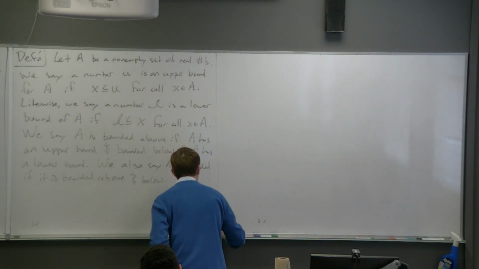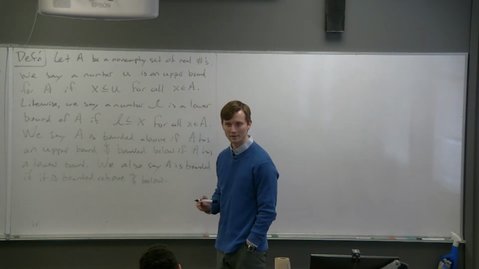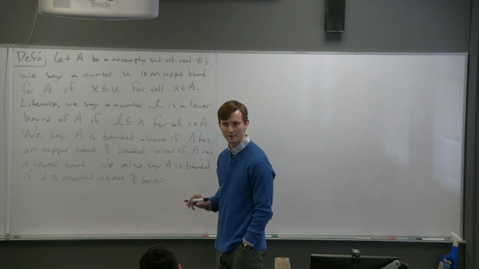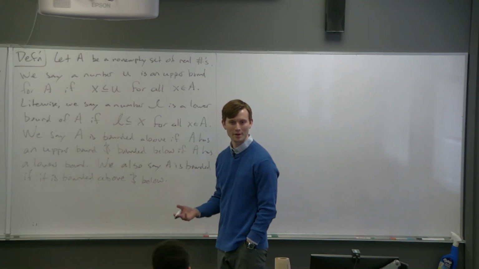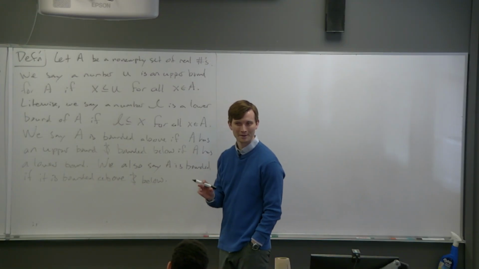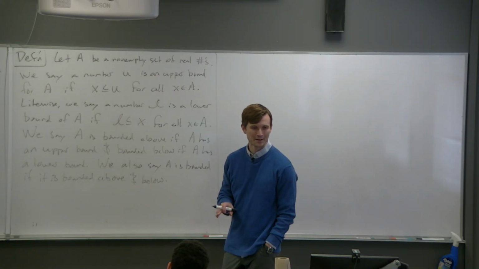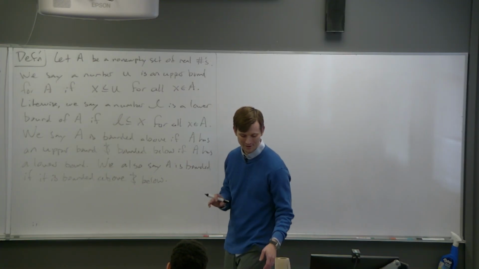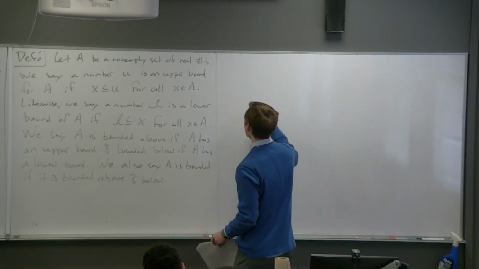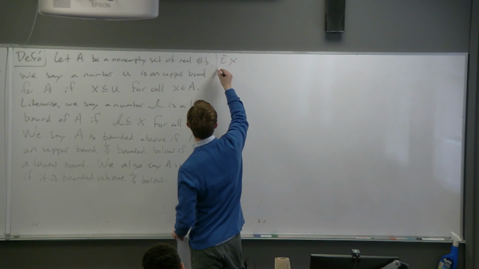Okay, so I think when you first see this, it seems really obvious and easy, right? Oh, it's a number that's bigger than the other numbers. But I think when you first actually start trying to put two and two together, it can get kind of weird. So here, let's do an example to make sure everyone's got it.